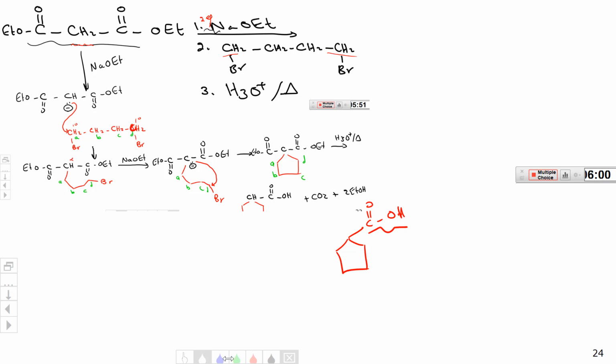So this is the carboxylic acid, this is the alpha carbon of the malonic ester. These are the A, B, C, D.